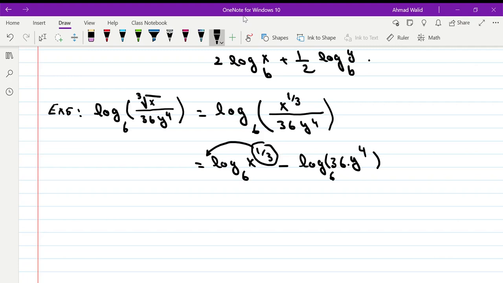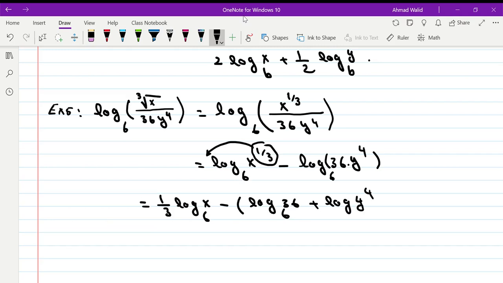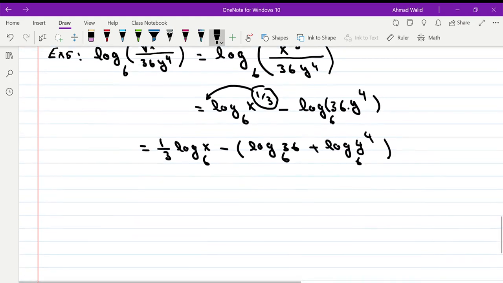Then you can rewrite this one as 1/3 log of x base 6 minus, here, change the product to addition, log of 36 base 6 plus log of y to the power of 4 base 6. Now we have to simplify more, right?